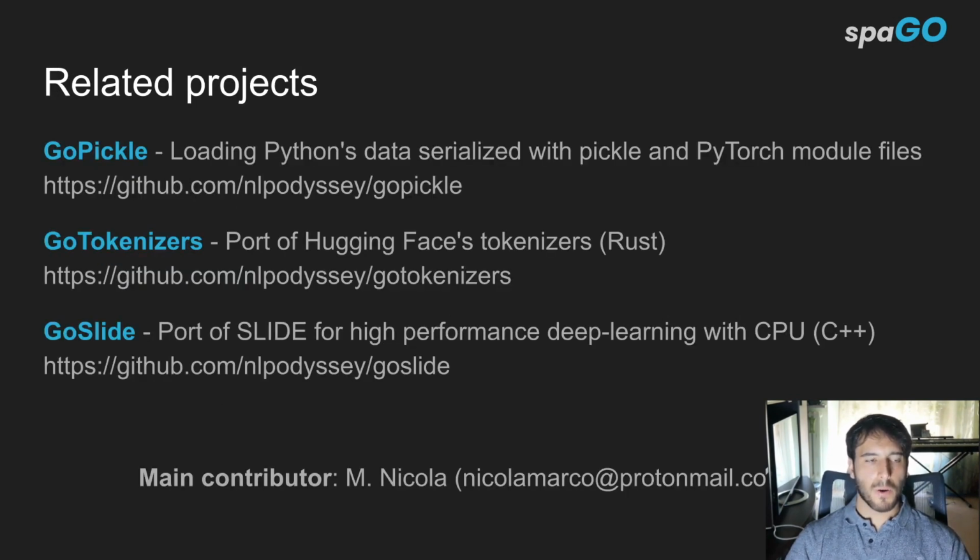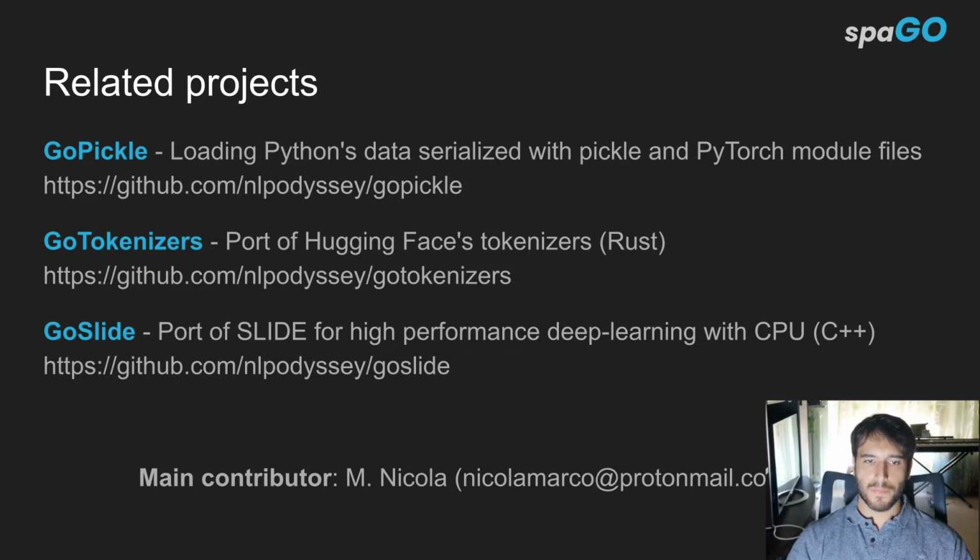In order to build spaGO, we had to build some sub-projects. In particular, my colleague Marco Nicola is the main contributor of three sub-repositories. One is GoPickle, the library that allows spaGO to load Python serialized data without touching Python. So you can avoid installing Python on your machine if you don't like it, and spaGO alone is more than enough to load Python models.